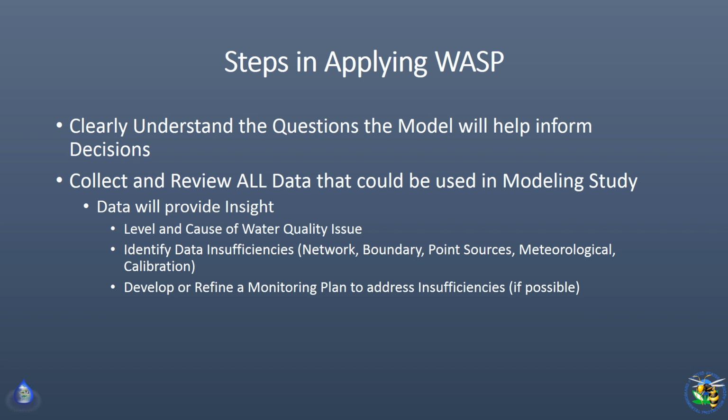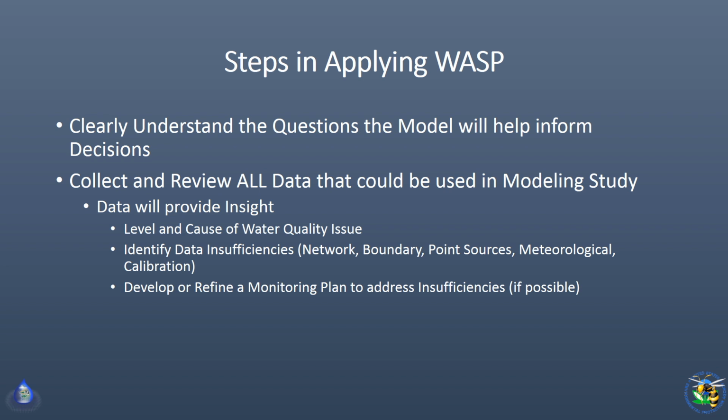A big step before you even begin the model is you should collect and review all data that's available that could be used in the modeling study, because the data can provide a good bit of information to you. It could give you the level and or cause of the water quality issue.